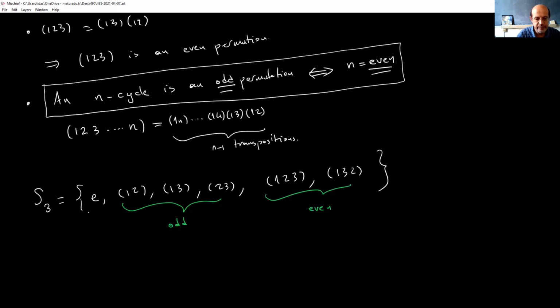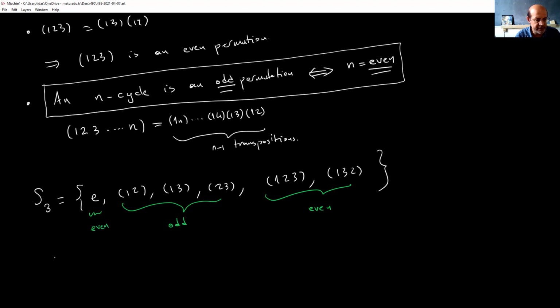Identity has to be even. So you can think of it as a group element obtained by 0 transpositions, or a transposition is always opposite to itself. It's an inverse of itself. So therefore, I can write the identity as a product of 2 transpositions, basically. So that's also even.